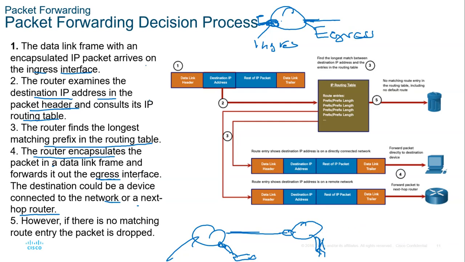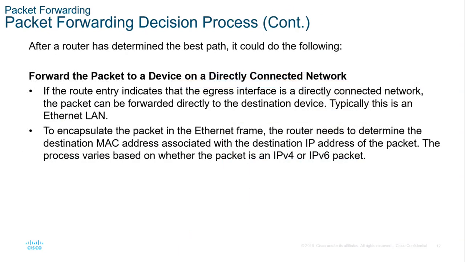However, if there is no matching route entry, then the packet is dropped. So if the destination IP address in the header is not known and there is no likely path to reach the destination, then the frame is dropped.